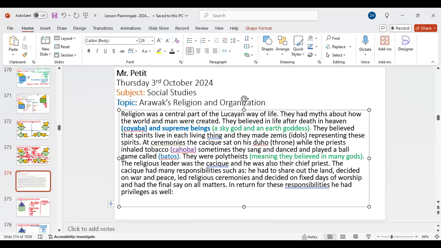Such as, let me just put caciques. Caciques had privileges as well. Number one, they were given food. So if you are a cacique, you're given free food. So they would feed you, right?